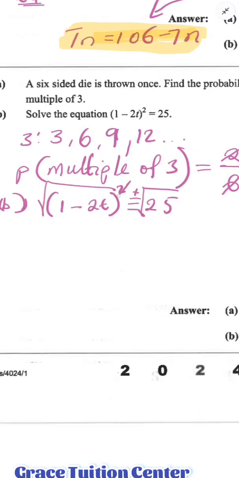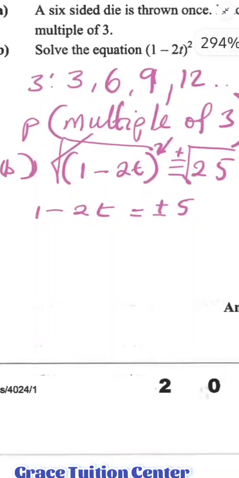So what we are having here is this 2 cancels this root. So you remain with 1 minus 2t is equal to plus or minus. What is the square root of 25? It's 5. So now we can proceed and pick these parts separately.